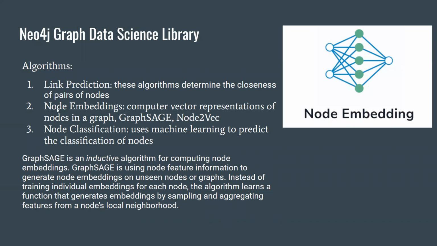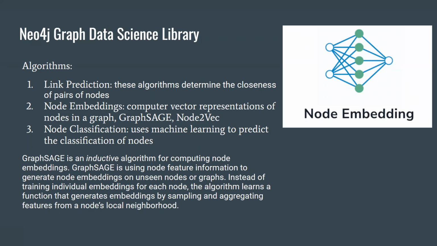Node embedding algorithms usually transform the topology and features of your graph into fixed-length vectors that uniquely represent each node. Graph embeddings are powerful because they preserve key features while reducing dimensionality in a way that can be decoded. Embeddings capture the complexity and structure of a graph and transform it for use in various machine learning tasks. And the third one here is node classification, which uses machine learning to predict the classification of nodes.